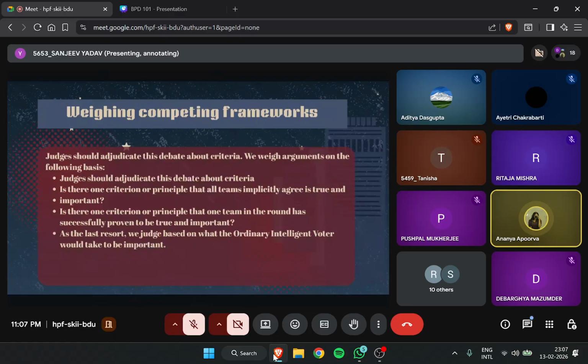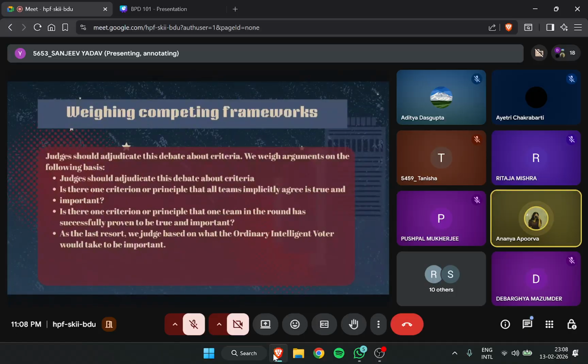If there is one criteria, then the judges go ahead and judge the entire debate on that criteria. If there is one particular criteria or principle that all the teams implicitly agree is important, or if there is another criteria which one team in one round has successfully proven to be true and important, then that has to be credited to that team.